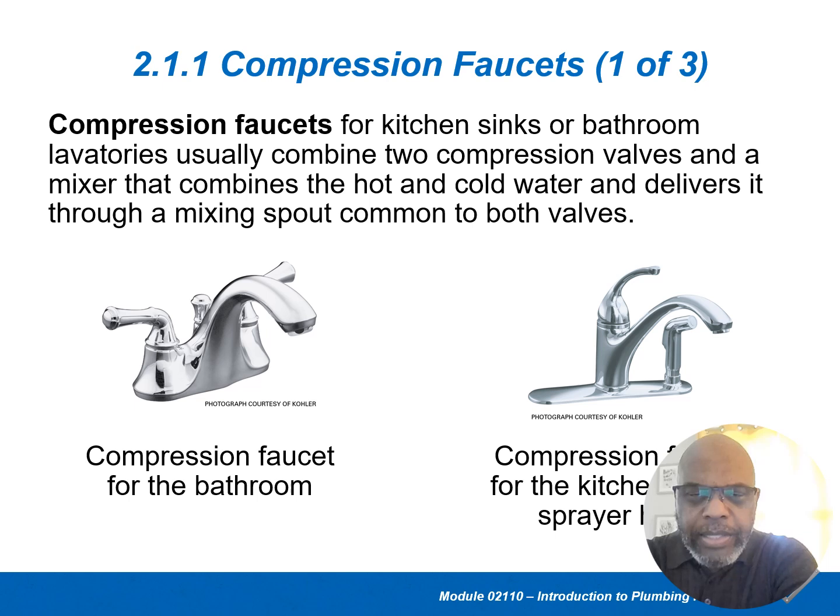Now, this is a single handle faucet, and it does use a different type of technology. It has a ball inside that rotates and has an orifice that allows water to flow through it, and as you turn it, it gets tight to stop the water flow.